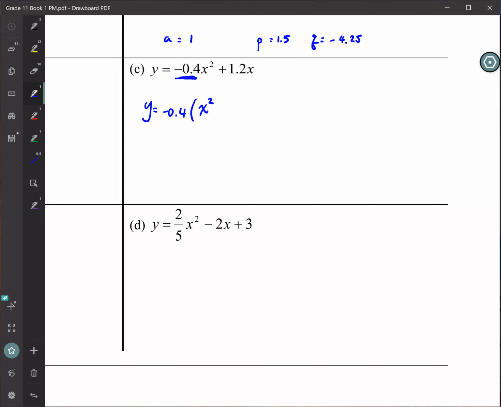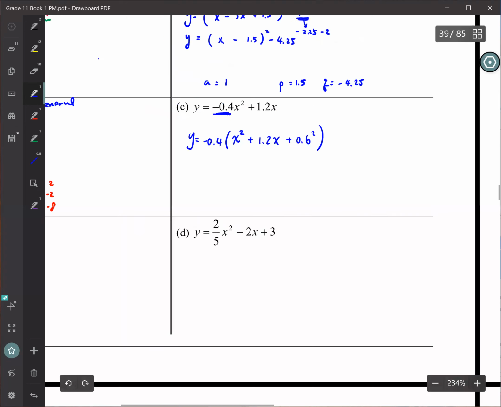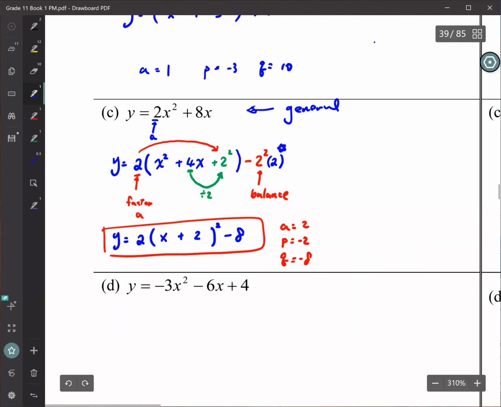X squared plus 1.2x plus 0.6 squared. Okay, now when you factor, it will affect the thing inside. Take a look at here. Previous question, we take out the 2, but the inside is no longer 8x. It will become 4x.